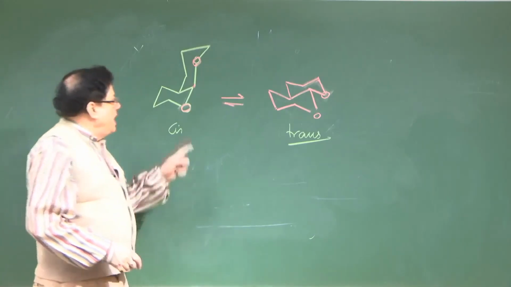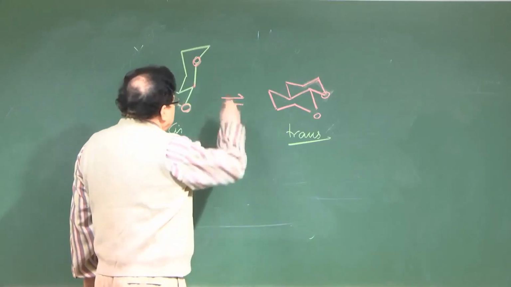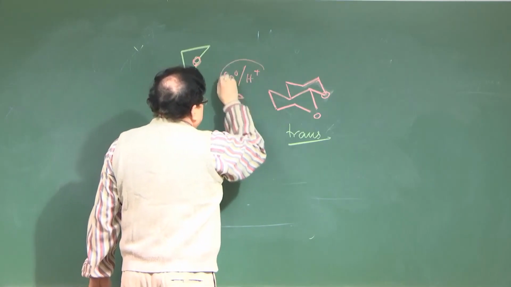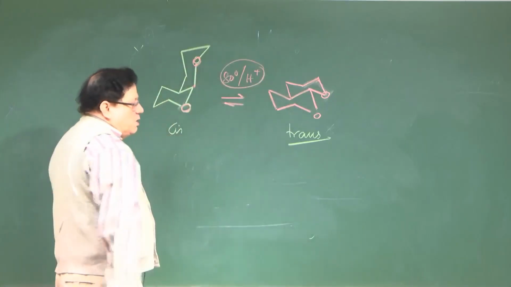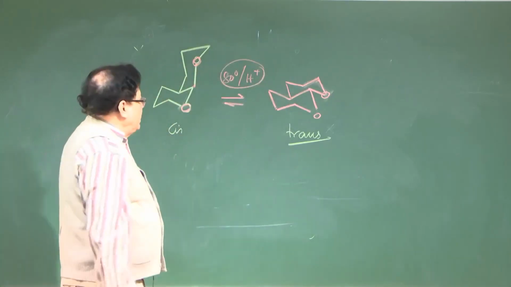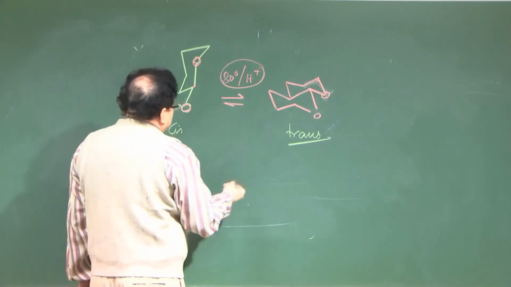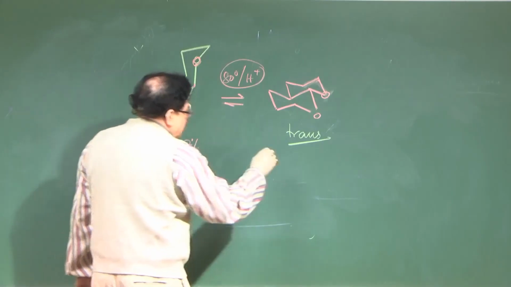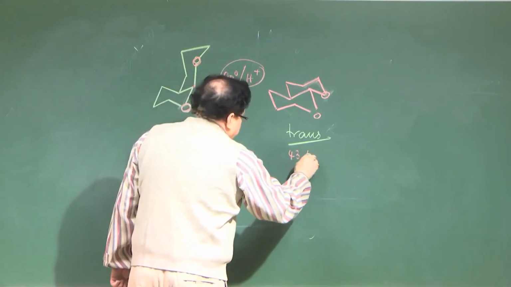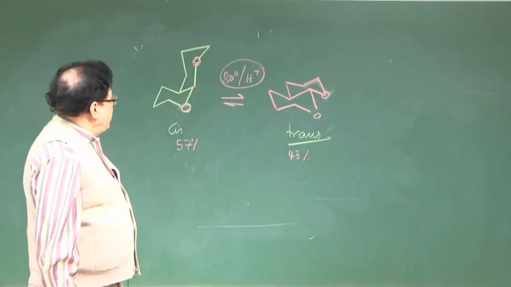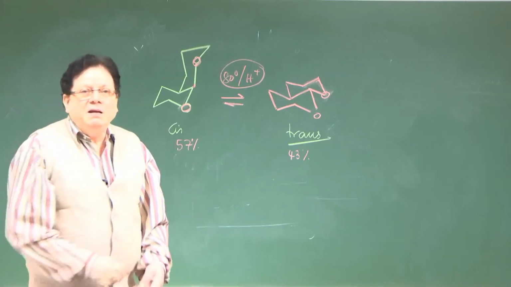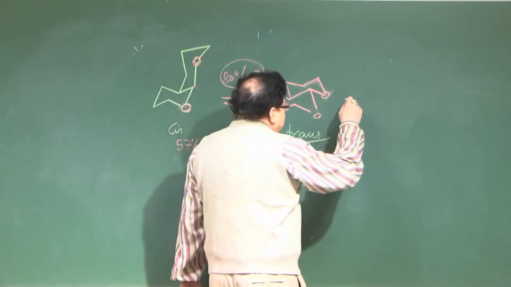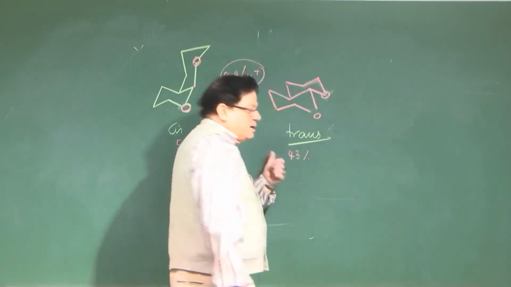The cis and trans can equilibrate at 80 degrees in the presence of an acid. If you allow them to equilibrate, you can determine the ratio of the two. This was found to be 57% and this was found to be 43%. That means, contrary to the expectation, the trans compound is less stable than the cis compound.